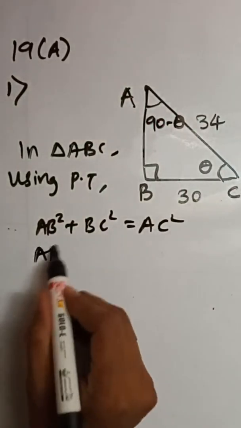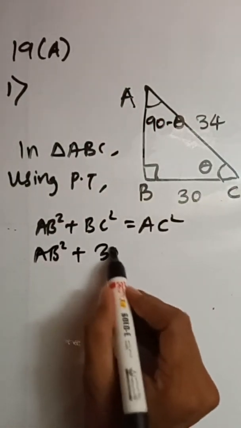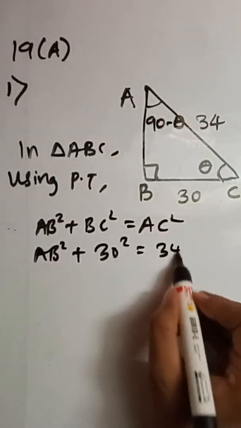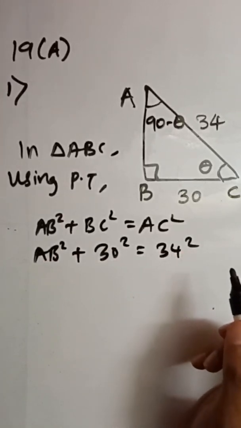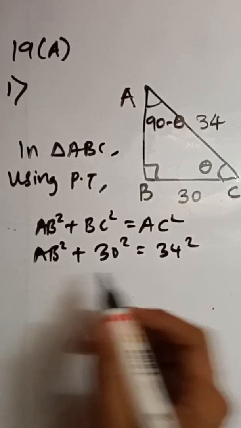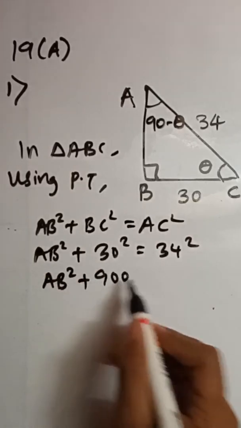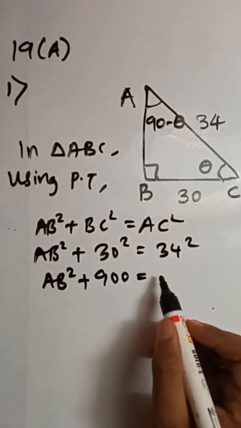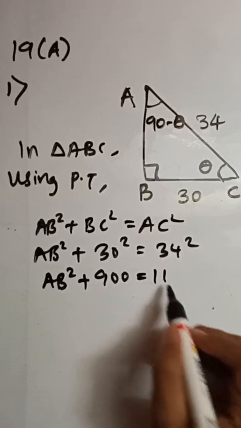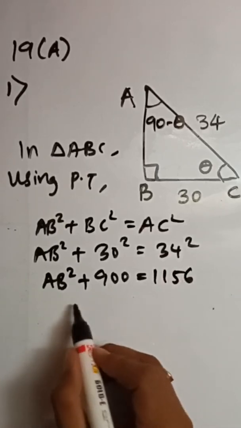So AB we don't know, BC is 30, AC is 34. So AB square plus 900 equals 1156.